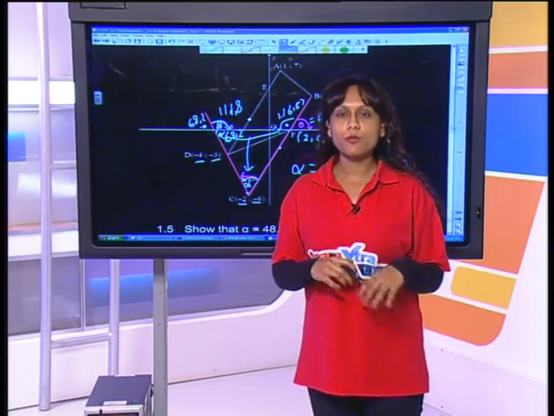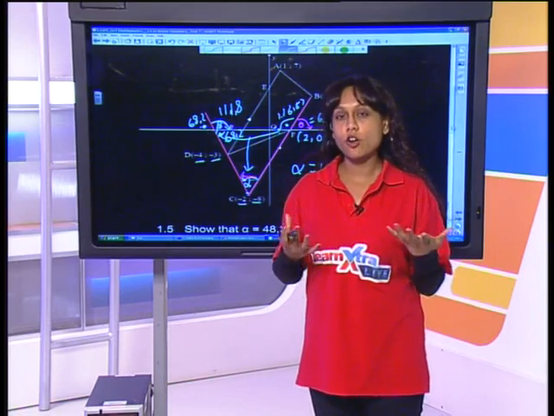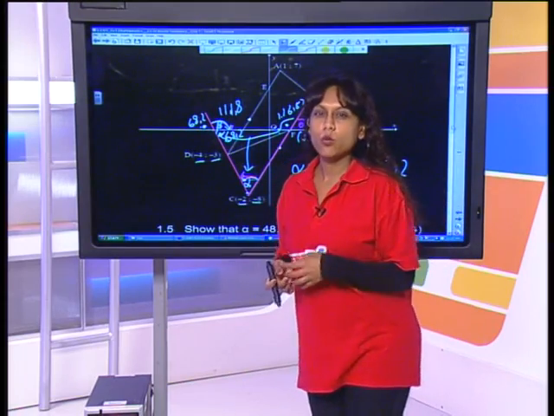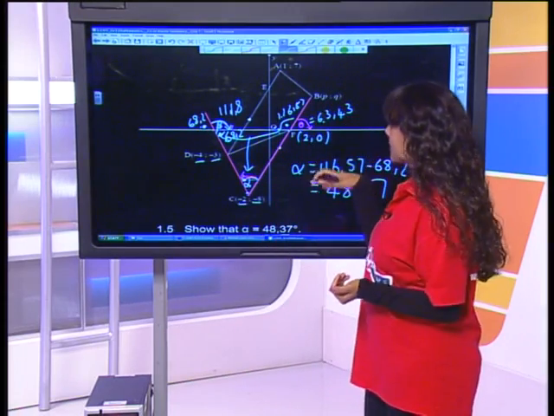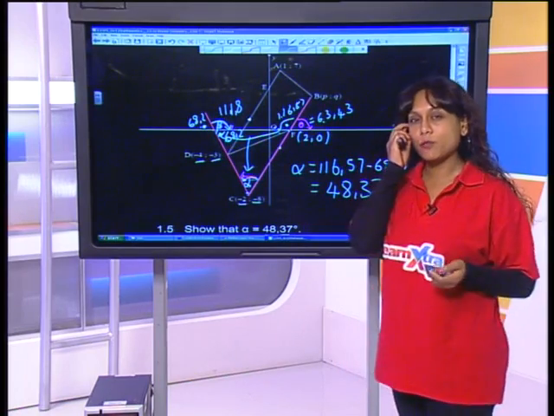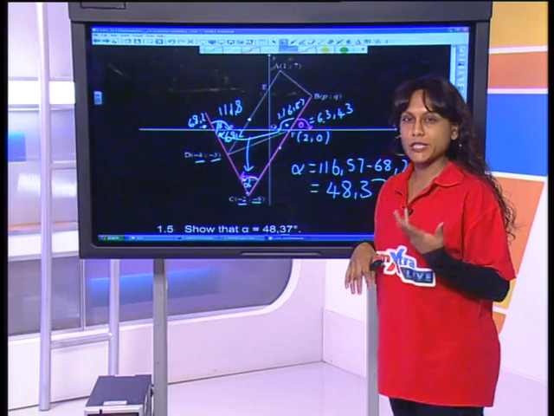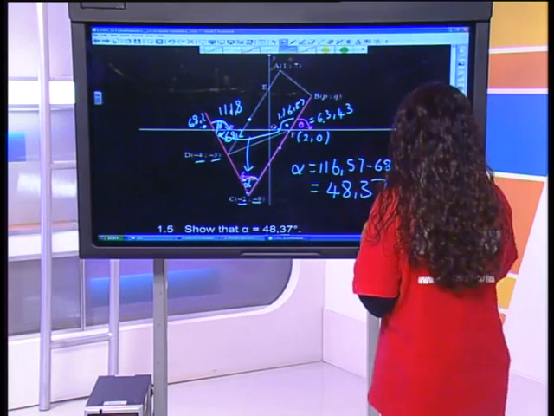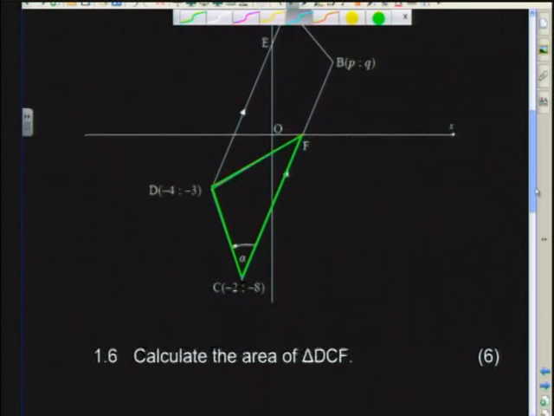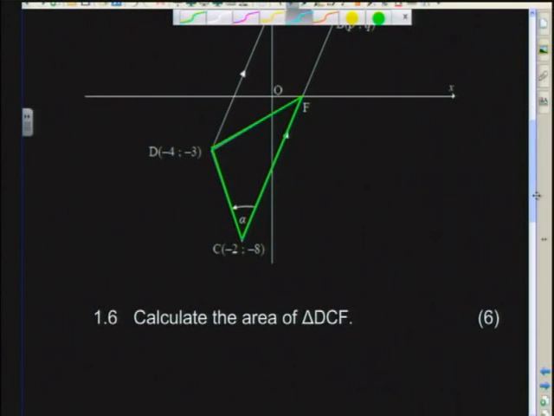Natasha, over to you. All right, guys. So before the break, now this is a very, very long question. Before the break, we finished off part 5 of question 1, which was we had to find the angle alpha. And we saw that the angle alpha was 48,37 by using angles of inclination. Now, the last part of the question, they ask us to find the area of triangle DCF, which is drawn here in green. So we want the area of this triangle.